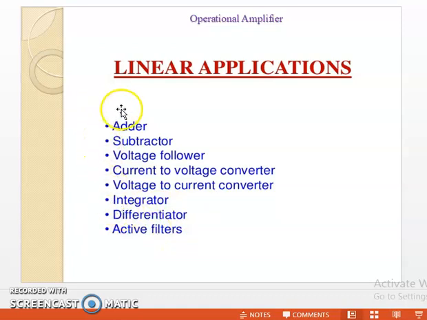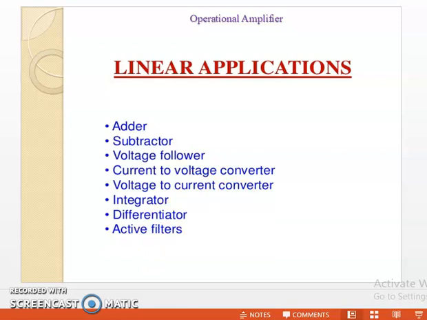So these are the various applications of op-amp, said to be linear applications: adder, subtractor, voltage follower, current to voltage converter, voltage to current converter, integrator, differentiator, and active filters.